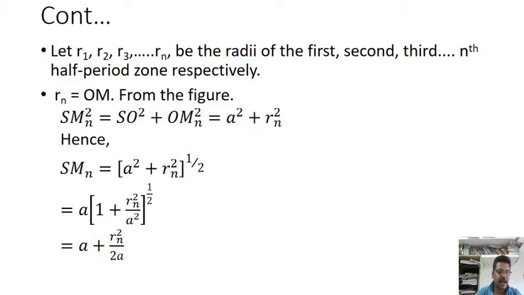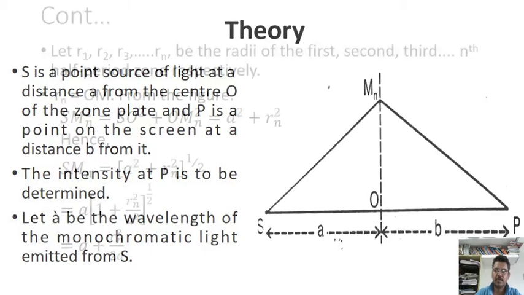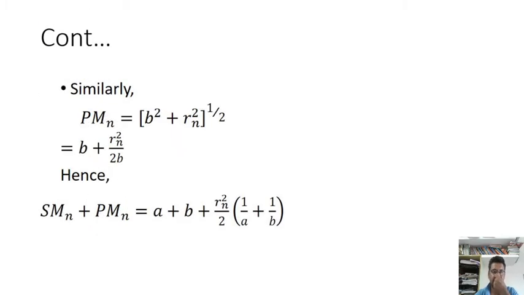Rn is OM in the diagram. From the figure, SM squared is equal to SO squared plus OM squared, that is a squared plus Rn squared. Equating these equations, we get SM plus PM equal to a plus b plus Rn squared by 2 of (1 by a plus 1 by b).